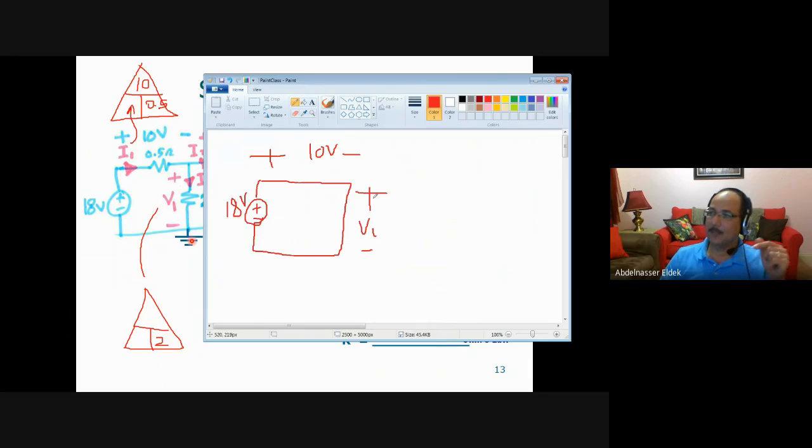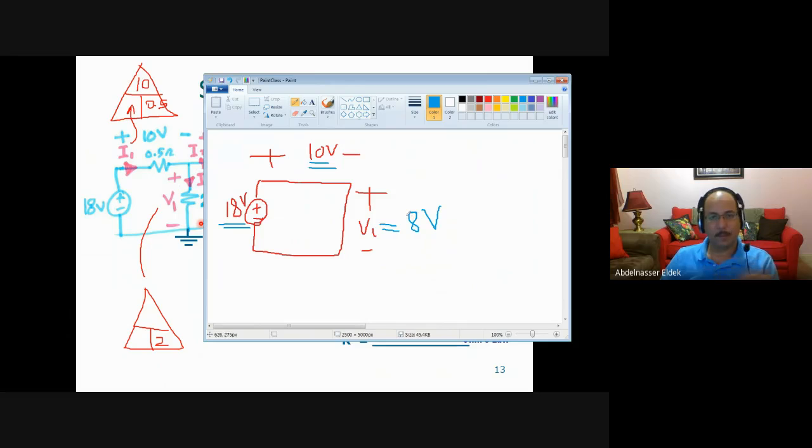Okay, so if this one is 18, 18 will be 10 plus 8. So V1 is 8 volt. Make sense? 18 will be divided between two resistors: 10 and 8.